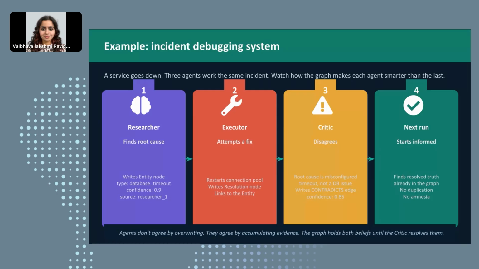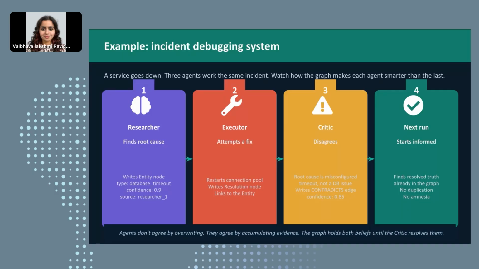It writes an entity node, type database timeout, confidence, let's say 90 percent, source researcher 1. So that is now in the graph. Then the executor agent picks up the task, it queries the graph, sees the researcher's entity, hydrates its context with the associated incident history. It attempts a fix, restarting the connection pool. So it writes a resolution node linking back to the entity. That's it, done.